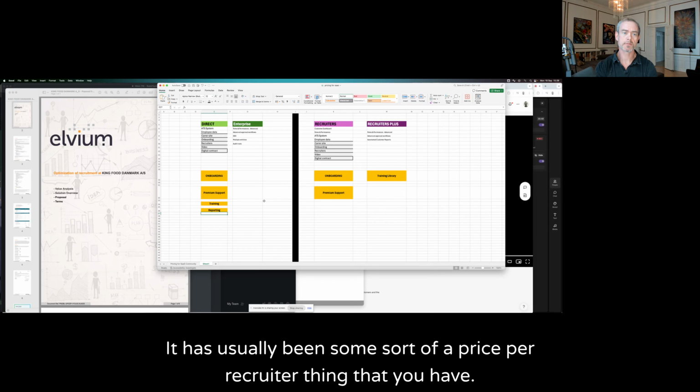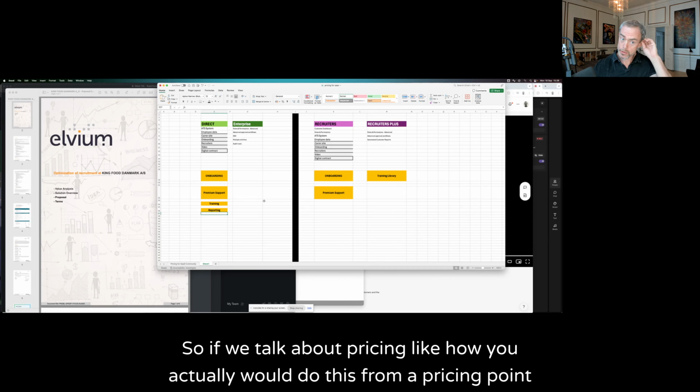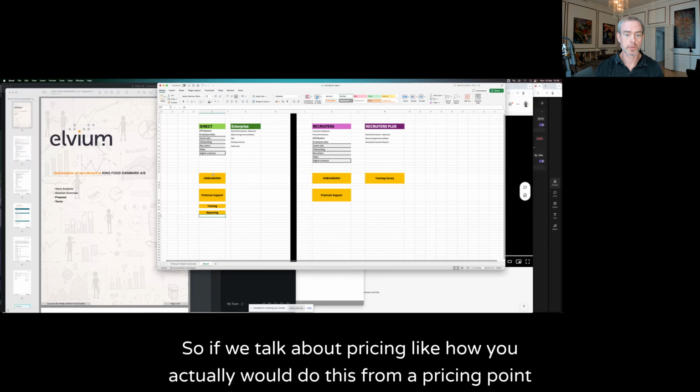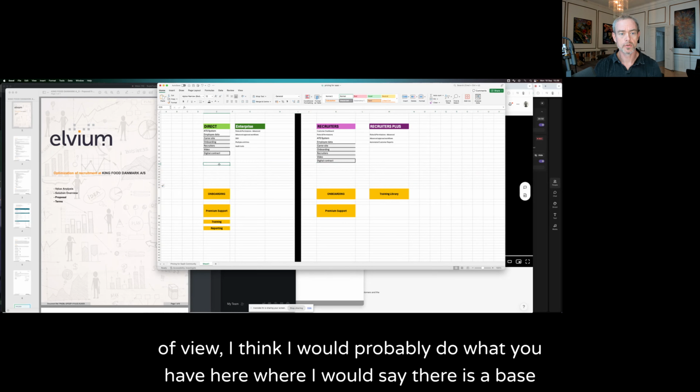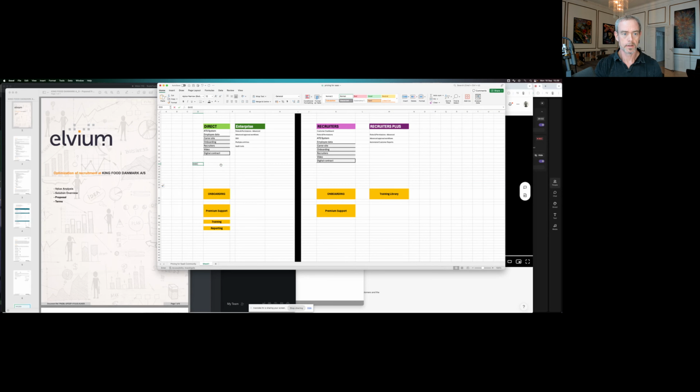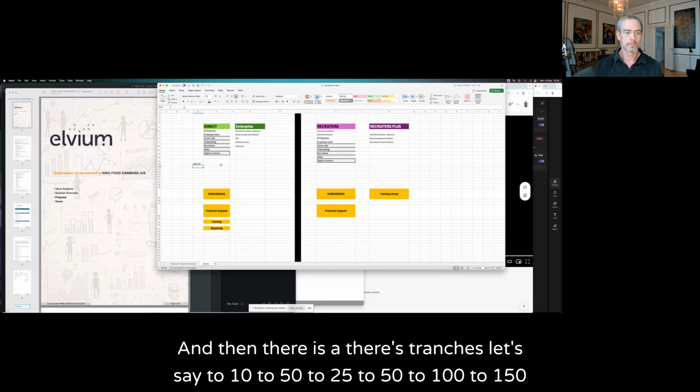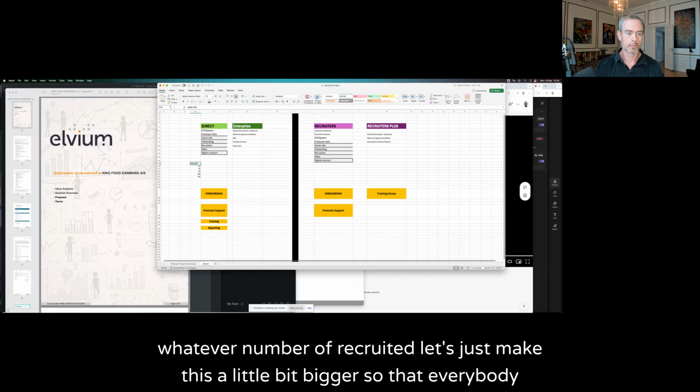I think for the different ATS systems I have done, it has usually been some sort of a price per recruiter thing. So if we talk about pricing, like how you actually would do this from a pricing point of view, I would probably do what you have here, where I would say there's a base fee, and then there are tranches, let's say 10 to 25, 25 to 50, 50 to 100, 100 to 150, whatever number of recruiters.